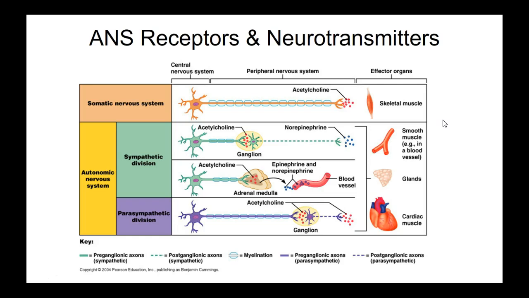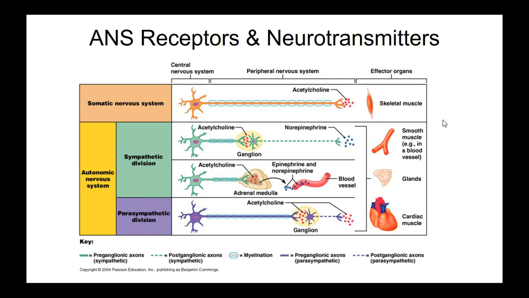If you look at the autonomic nervous system, sympathetic, parasympathetic, you look at the neurotransmitter between the preganglionic, postganglionic neurons, and also what's being released from the postganglionic neurons. If you look at all these, what's the most common neurotransmitter you're seeing in there? Still acetylcholine, right? Still acetylcholine. So here, with the autonomic nervous system, it's still acetylcholine.